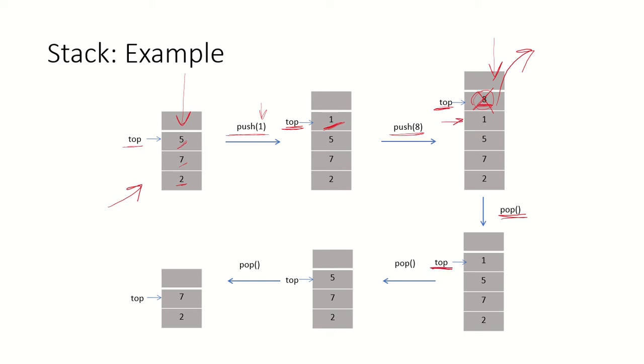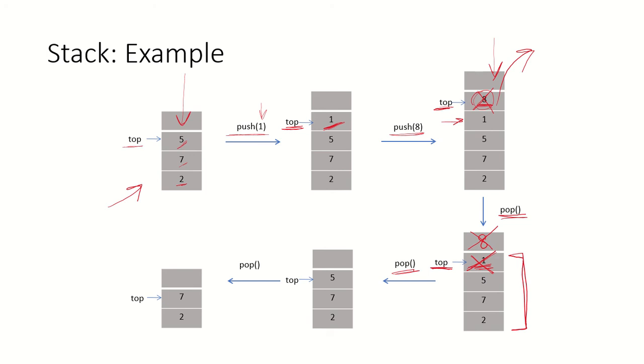So this will be the pointer of the top. Top will be pointing to element 1. Even if 8 is present over here, it is considered a garbage value, and only this will be the active stack. We do a pop operation again. Now 1 is the element at the top of the stack, which will be deleted from the stack.